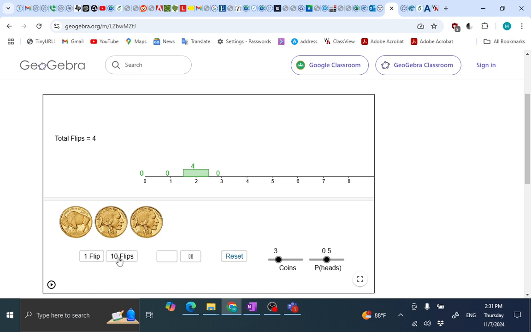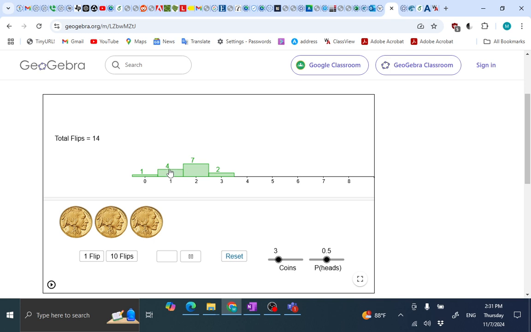Let's do 10 of them so that we have the process done quickly. And then it says, so far we have done 14 attempts. In 7 of them, 2 heads were obtained.